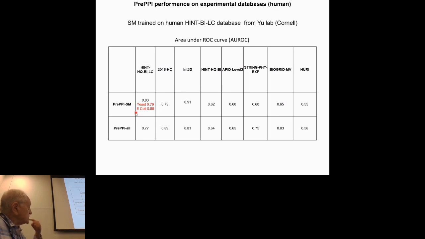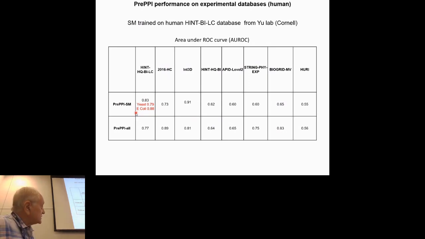But now if we use the training of human, we're training on human, and predict yeast and E. coli from HINT, you see we're getting similar performance. So we're not really degrading, in fact, we're getting better with E. coli. Now, if we add all the data, all the non-structural information, that's what all means, the performance on HINT degrades because it's introducing information that's extraneous to what we're trying to do.